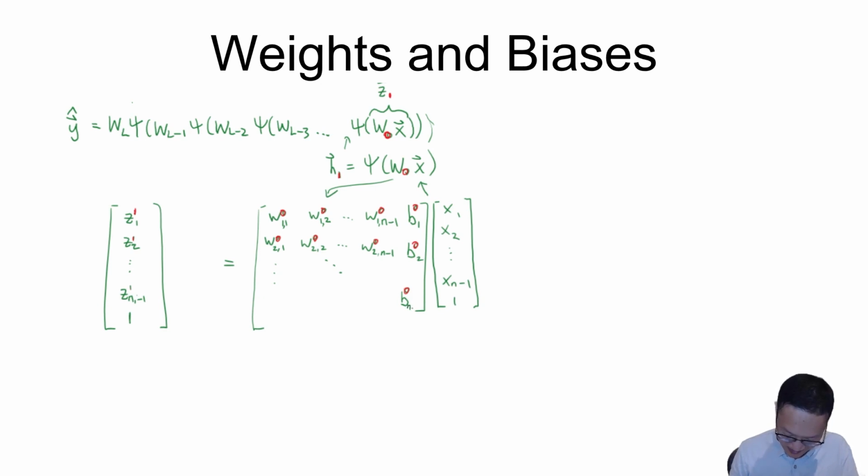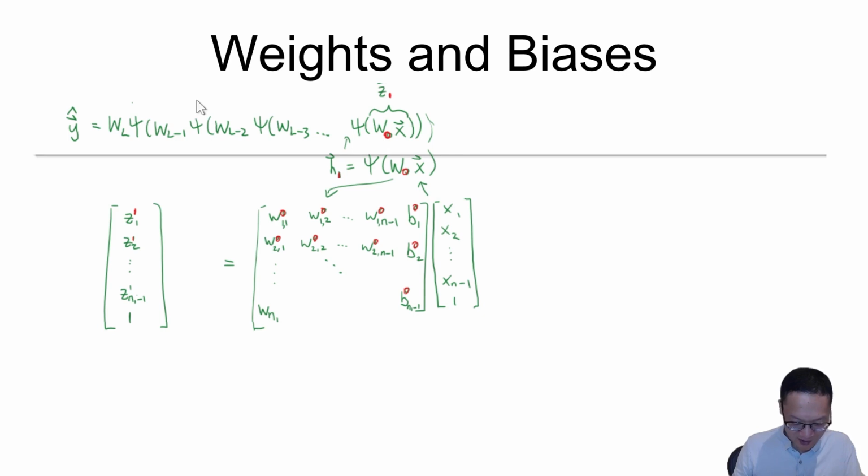So here the first index goes from 1, 2, all the way to n1, because we still have a 1... sorry, let me go back a little bit.